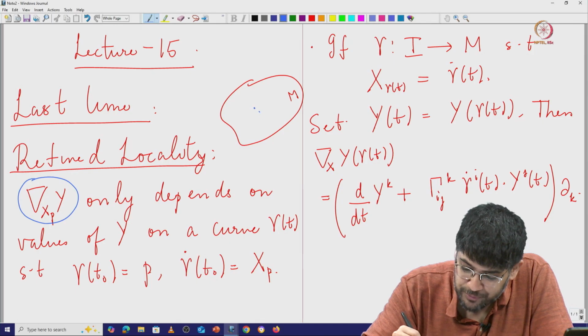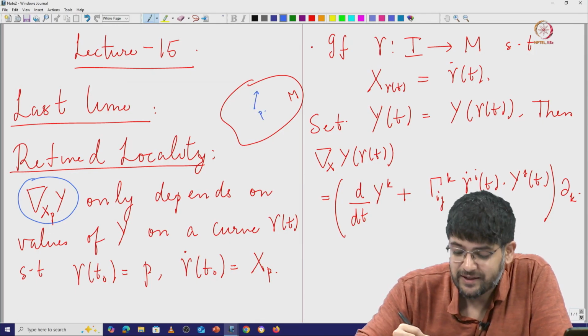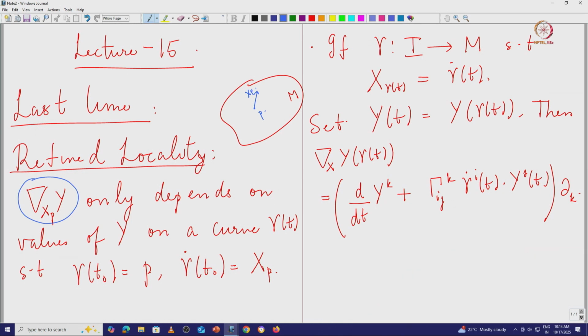If you want to compute the derivative at this point p with respect to xp, all you need to do is take a curve which is tangential to the vector xp at that point and look at just the values of y on that curve. So this thing depends only on the values of y along this curve gamma of t.